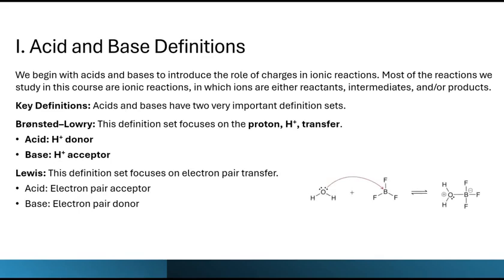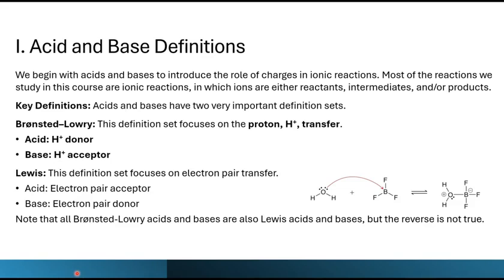We can see here that the donor of electrons is the base, in this case the water, and it's donating it to the B atom in boron trifluoride. Boron trifluoride is the acid. It is accepting that electron pair. Note that all Bronsted-Lowry acids and bases are also Lewis acids and bases, but the reverse is not true.